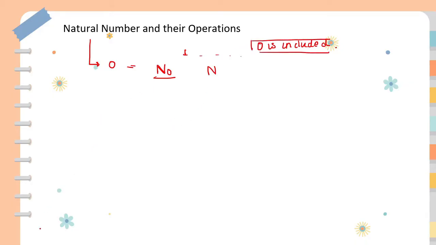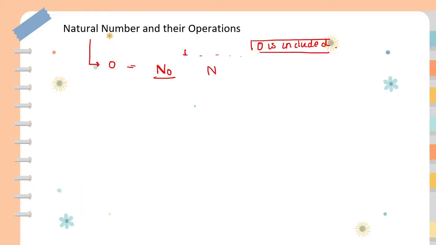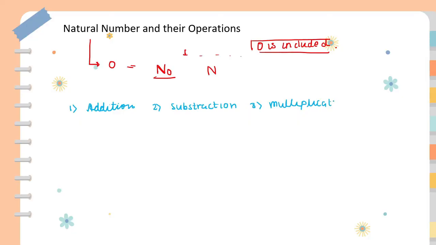Now moving to the operations. There are four mathematical operations. The first one is addition, the second one is subtraction, and the fourth one is division.